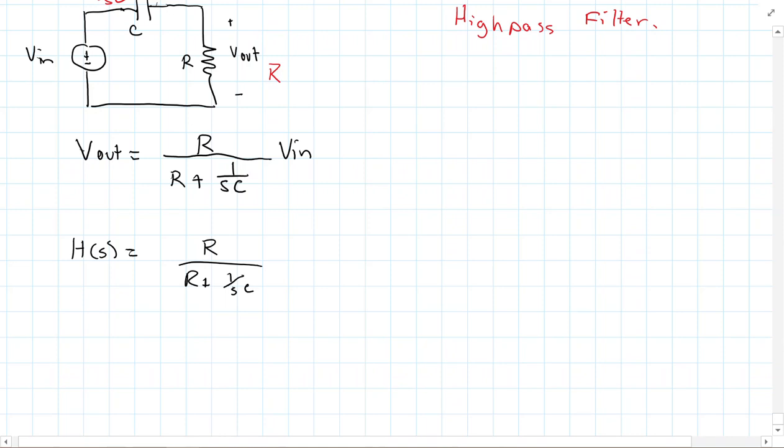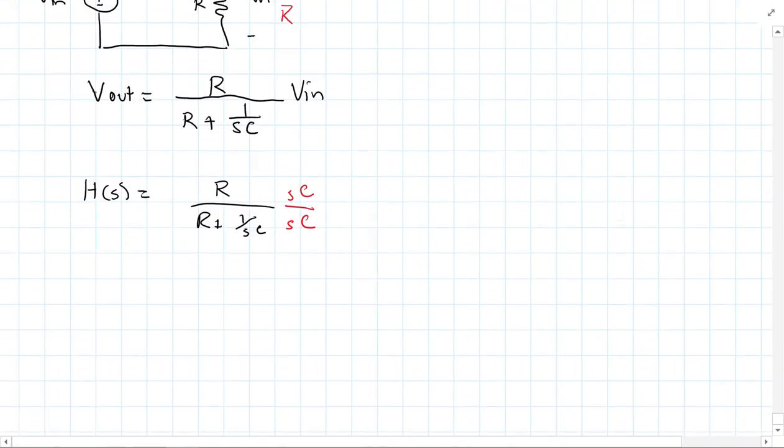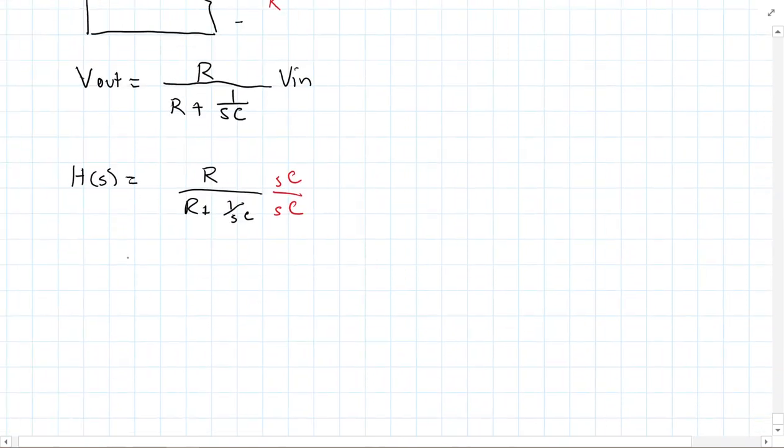Now, of course, we need to clean this up a little bit, so I will multiply the numerator by SC, the denominator by SC, and so that's going to give me SRC over SRC plus 1. Now, again, depending on where you're going, if you go to the linear controls course, they often like to write their transfer functions like this.